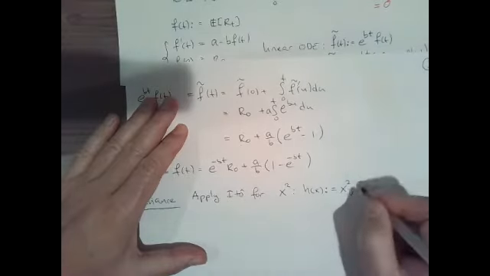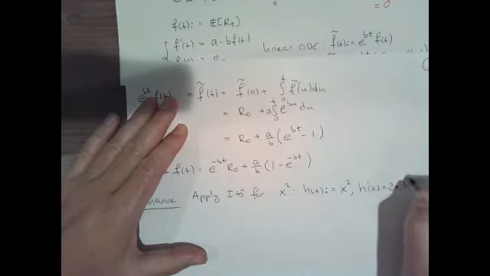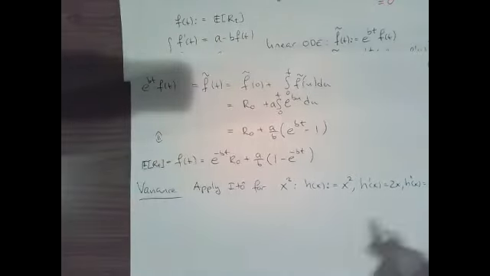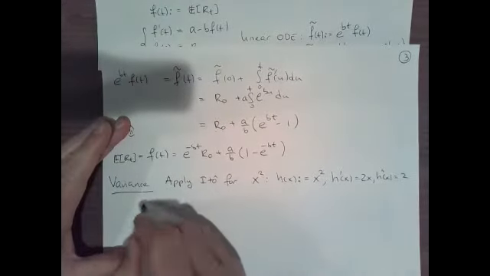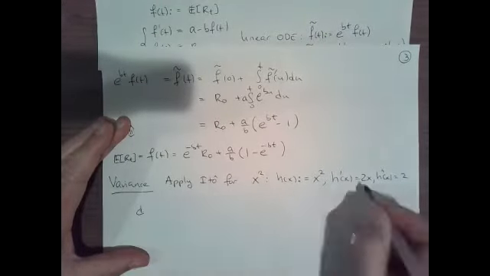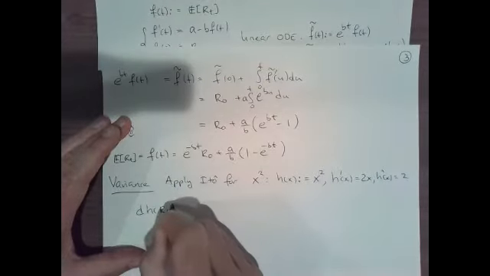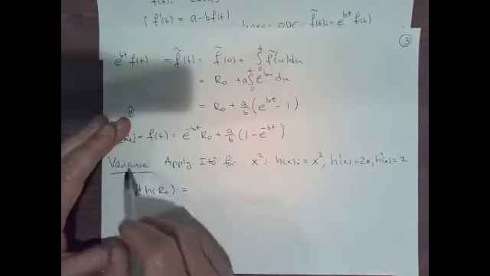Then we need the derivatives. h prime of x is 2x, and h double prime of x is 2. I need these derivatives to apply Ito's lemma. And then Ito will say that the dynamics of h of R_t will be, so this is where Ito comes in.